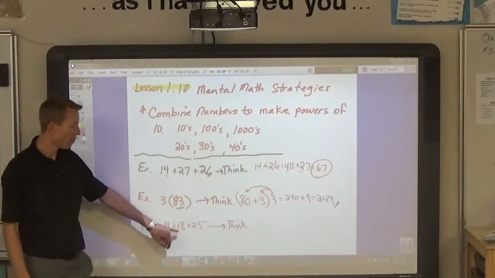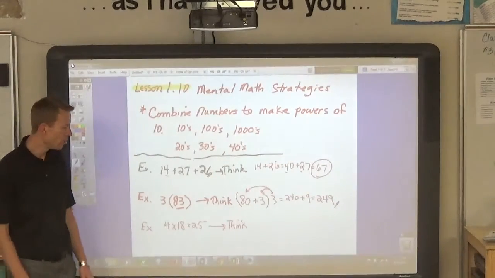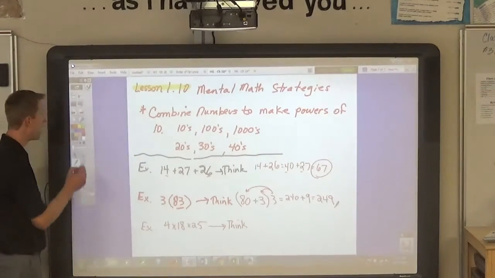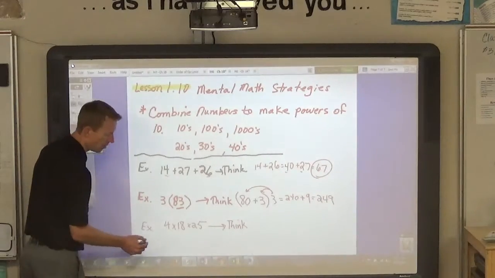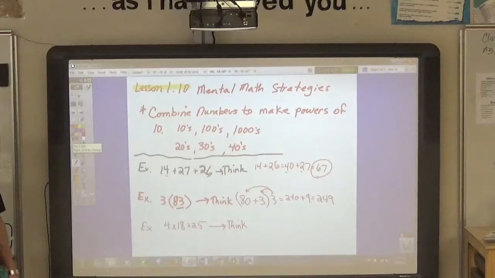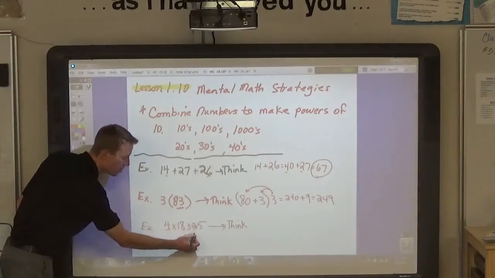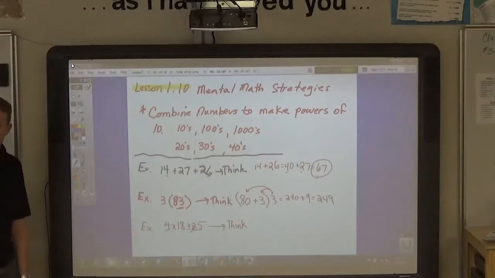The commutative property works really well when you're multiplying, and you see two numbers you can multiply to make a power of 10. Do you see the two numbers you could multiply to make a power of 10? Yeah. 4 times 25. And because of the commutative property, you can switch those numbers.